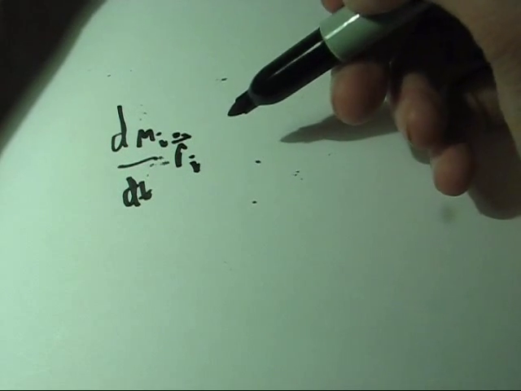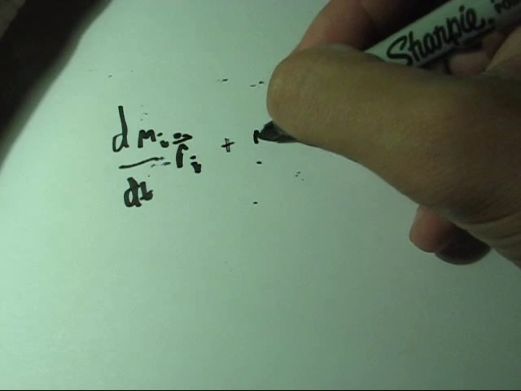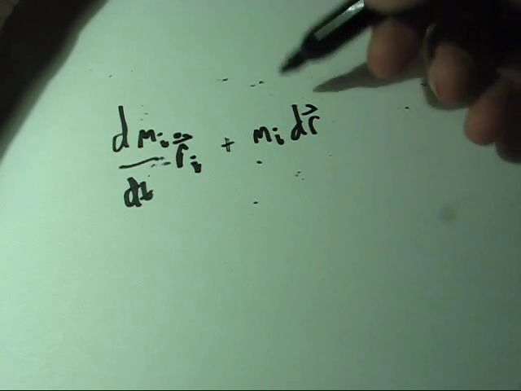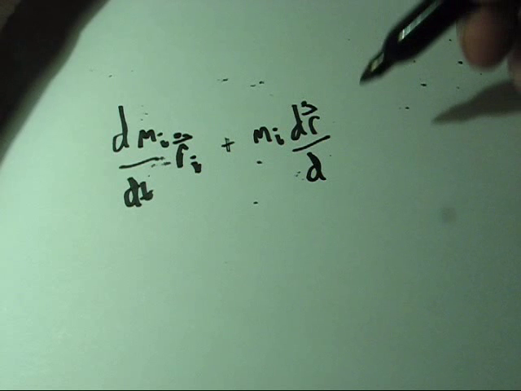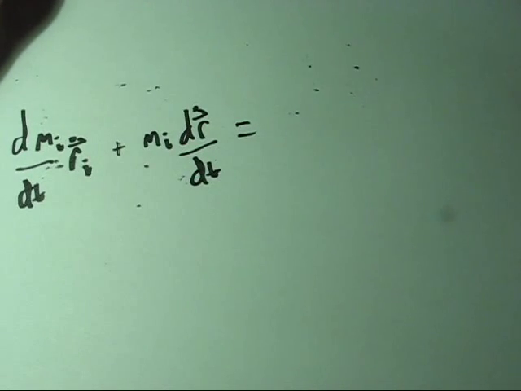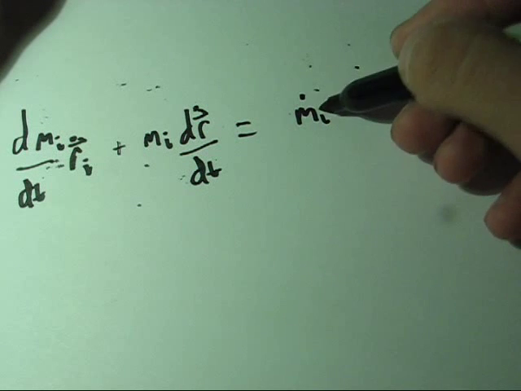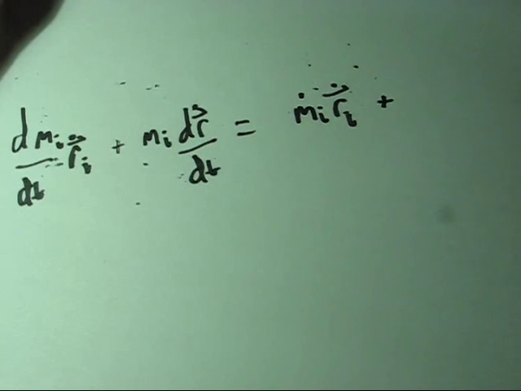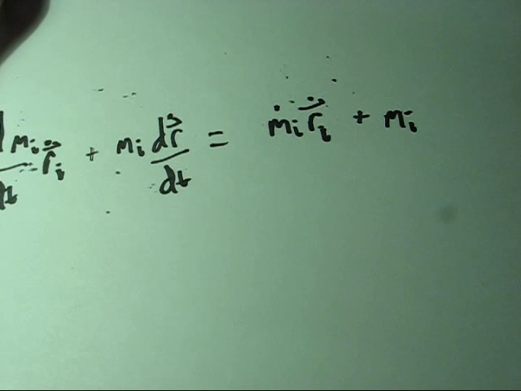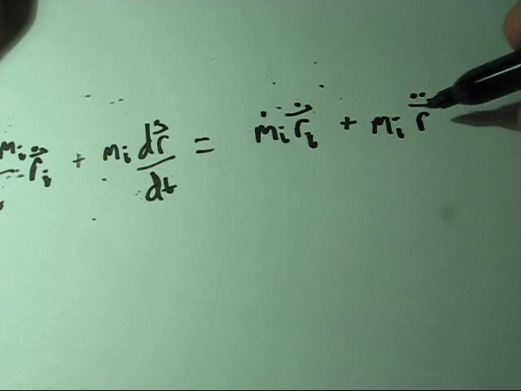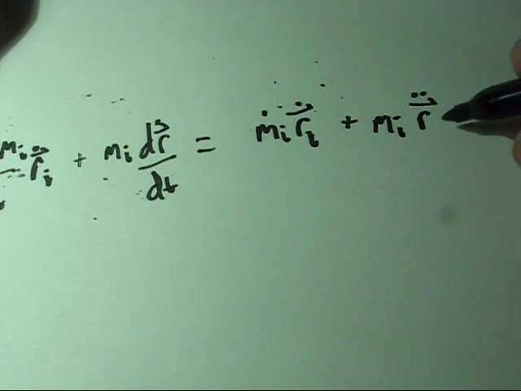The dot is the time derivative, plus mi times dr dot/dt, and that is equal to m dot i r dot plus mi r double dot, which the two dots is two time derivatives, which is, you know, derivative of r is v, derivative of v is a, so that's acceleration.